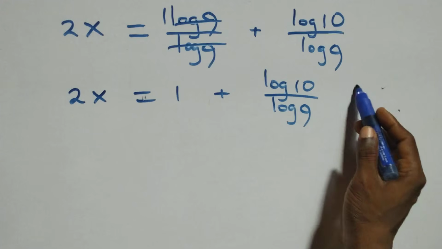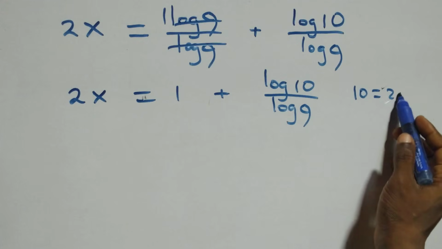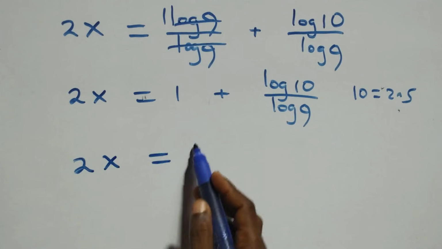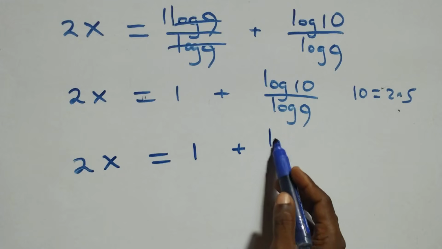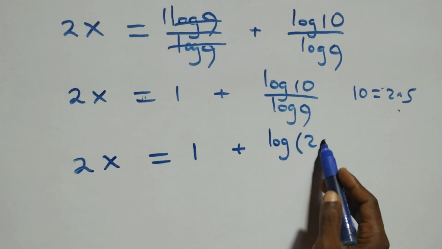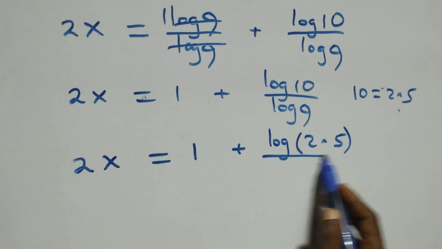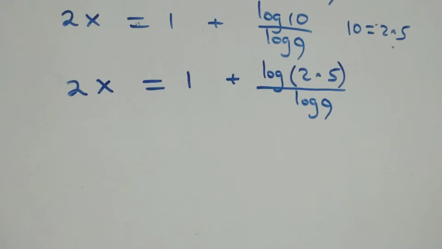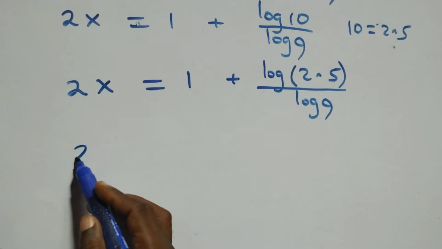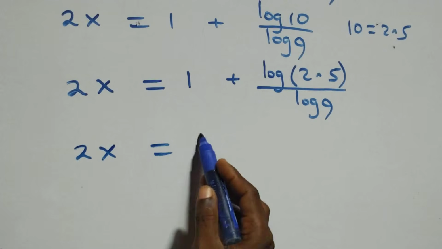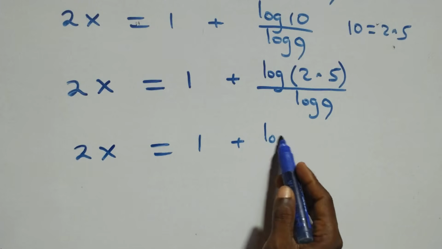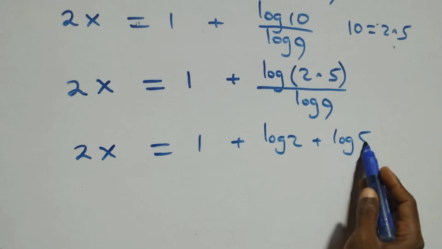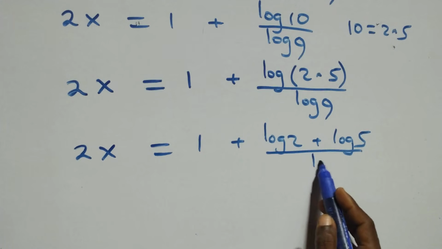The next step, we can express 10 as 2 times 5, which implies this becomes 2x equals 1 plus log 2 times 5 over log 9. Then this also follows the law of logarithm, and we have 2x equals 1 plus log 2 plus log 5 over log 9.